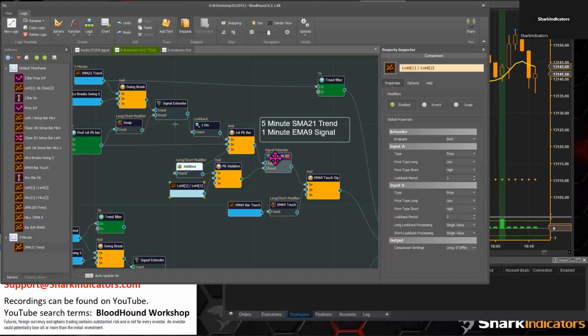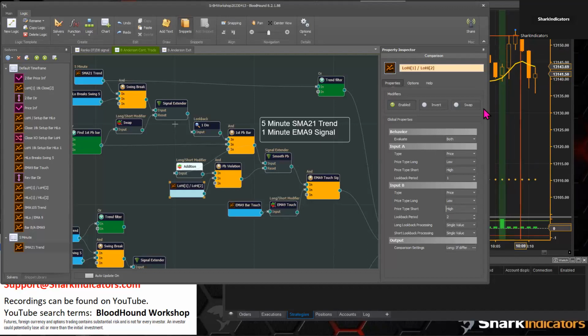Remember that what I chose to do when building this system, and this was a choice, is that the reset needed to be in the opposite direction. So when those highs went higher, I'm generating a short signal. That's why the high price is in the short signal portion.